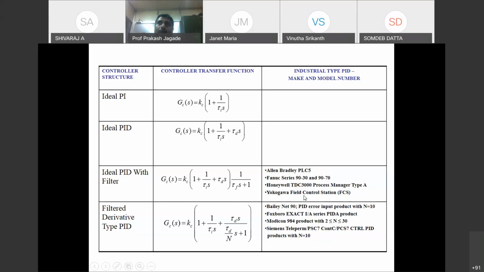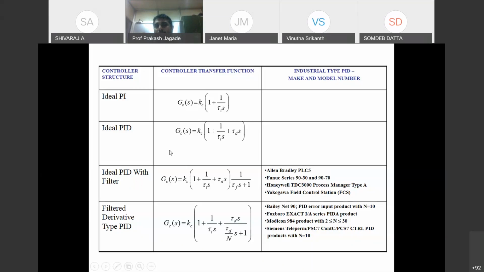This is again a distributed control system, or a single loop controller or a multi-loop controller. Allen Bradley, GE Fanuc, Honeywell, Yokogawa are considered major industrial automation players, and in those PLCs and distributed control systems, this ideal PID with filter has been realized in the form of an algorithm.